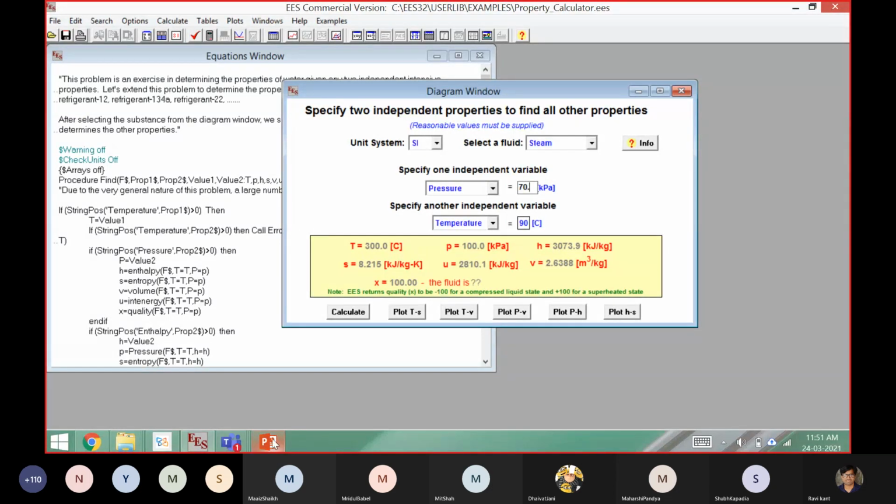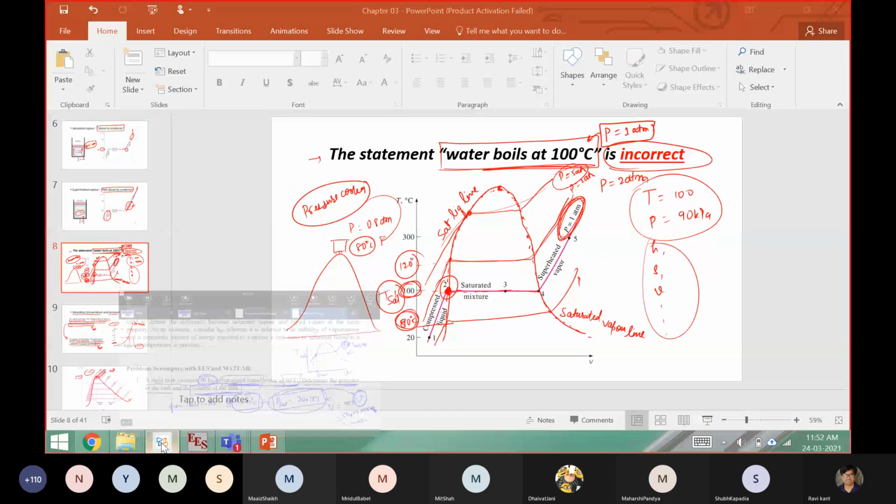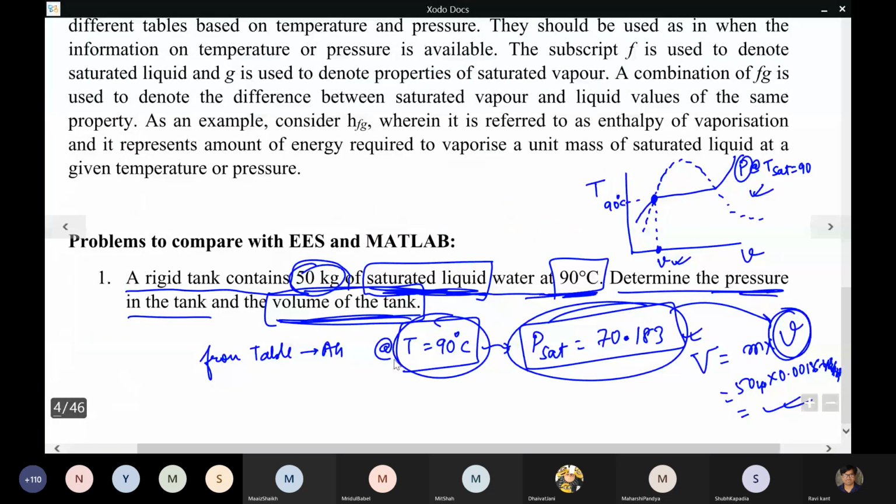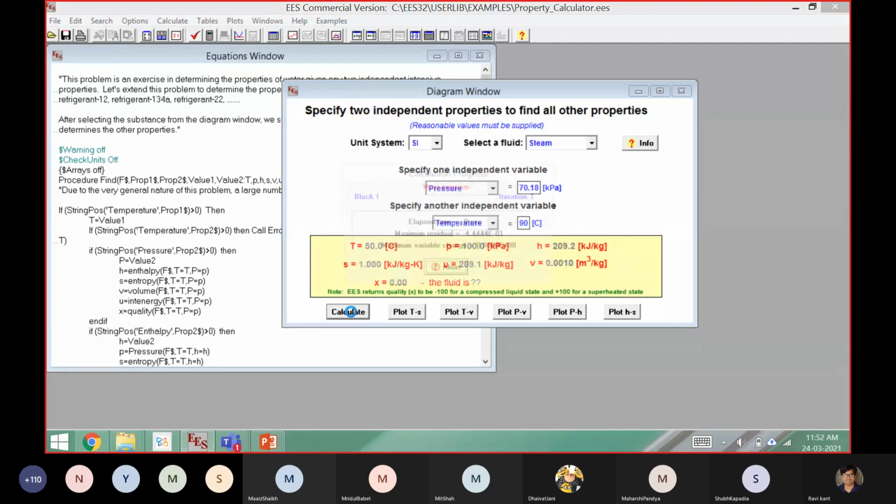You just have to hit calculate. Once you hit calculate, you will have all the information: enthalpies, entropies, internal energy, and specific volumes. And you can also match it with the property table.